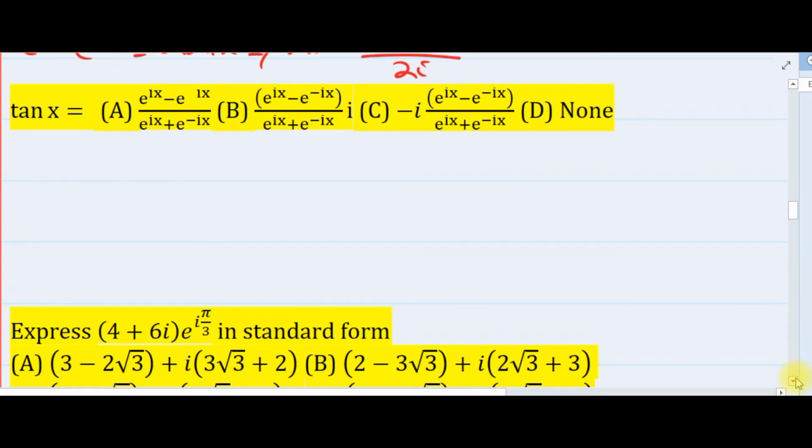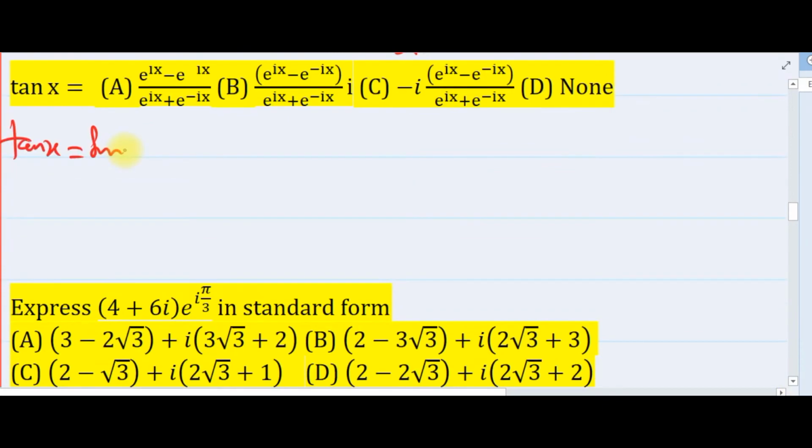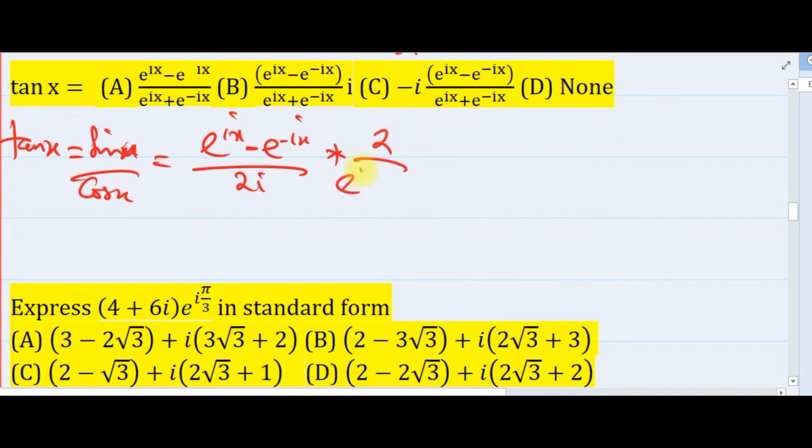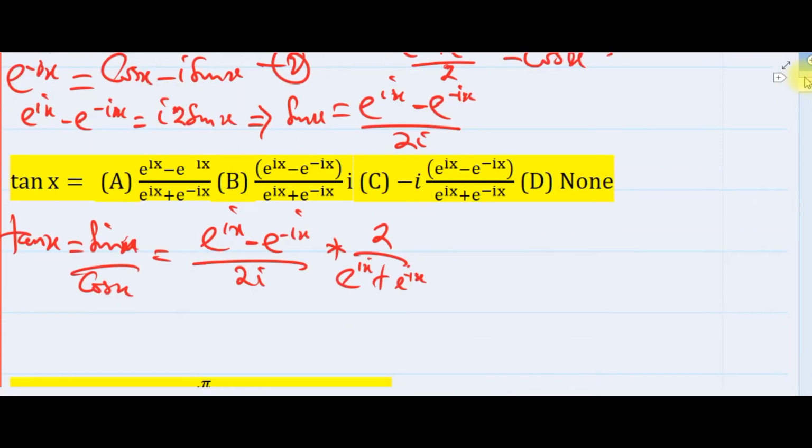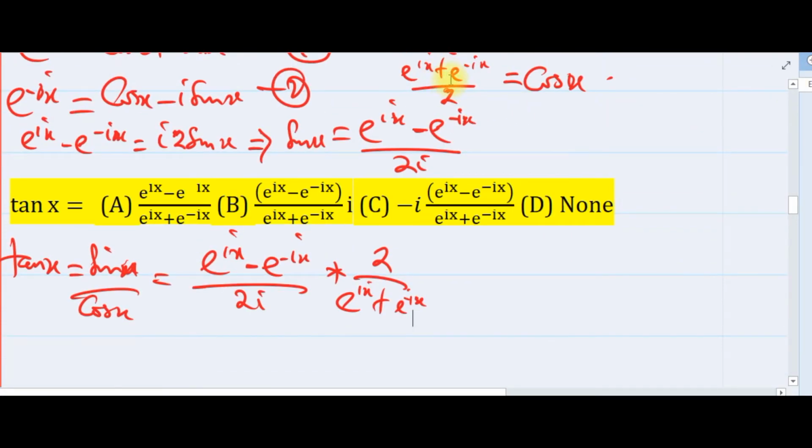We now see that tan is sine over cos, and we've gotten that sine is e to the ix minus e to the minus ix over 2i, divided by cos, so we reciprocate, so 2 over e to the ix plus e to the minus ix.